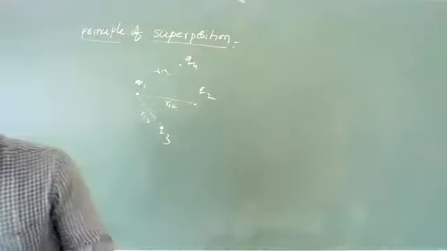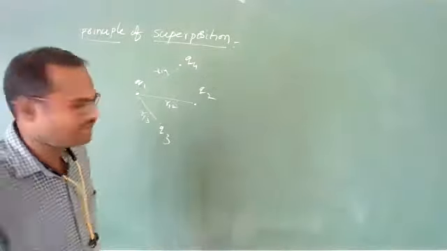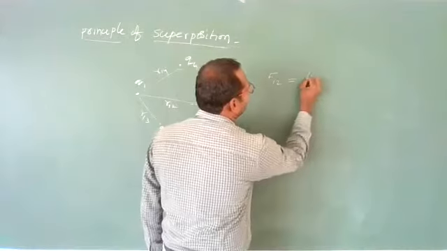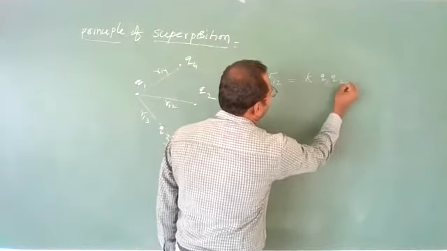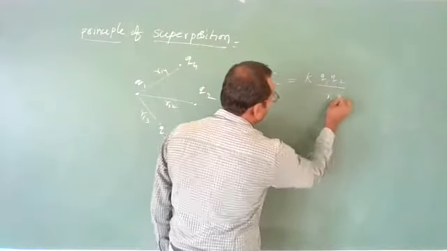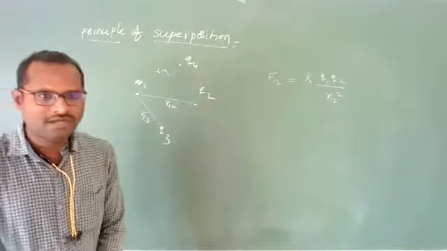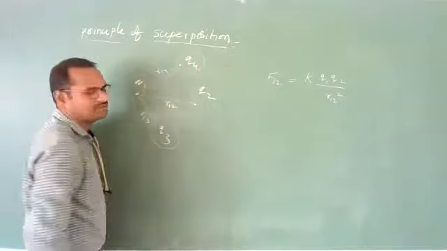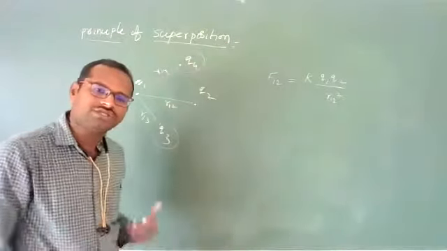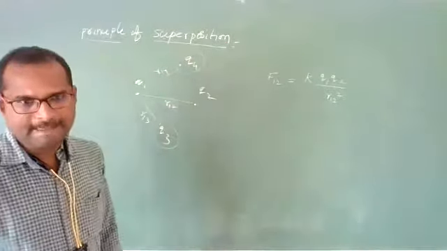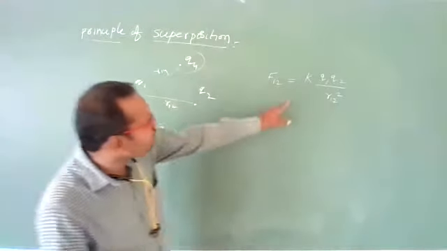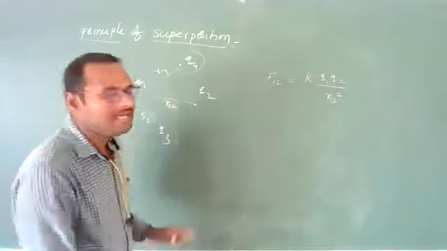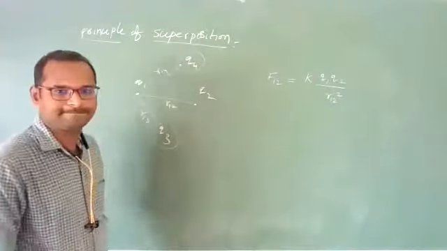Now between Q1 and Q2, how much force will be there? Force between 1 and 2 is 1 by 4 pi epsilon naught Q1 Q2 by R12 square. Due to the presence of the other two charges on Q1, some more force will be there. But the force between these two charges, 1 and 2, will not be affected by the presence of the other two charges.